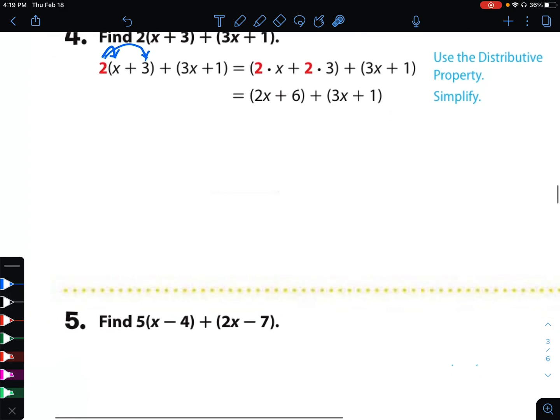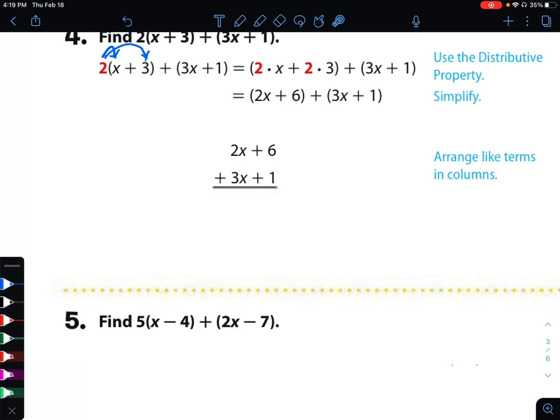Again, we add them vertically, meaning we line up our like terms in columns, and this is how it's going to look. So you have 2x plus 6, which is that one, and I add 3x plus 1, which is that one. If you notice, the like terms have been lined up in each column.